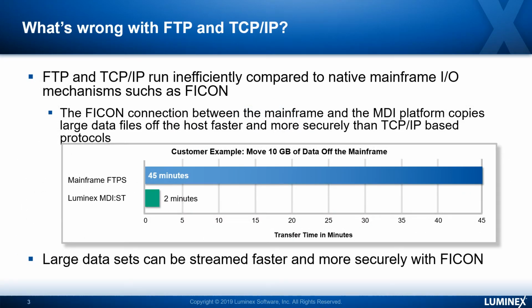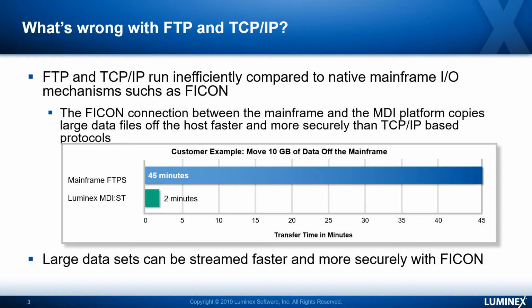FTP and TCP/IP, particularly on the mainframe, run very inefficiently compared to the native mainframe I/O protocols such as FICON. FICON is the way that the mainframe host moves data between its disk drives and its tape drives at very high speeds. That's why we utilize it with Luminex software.